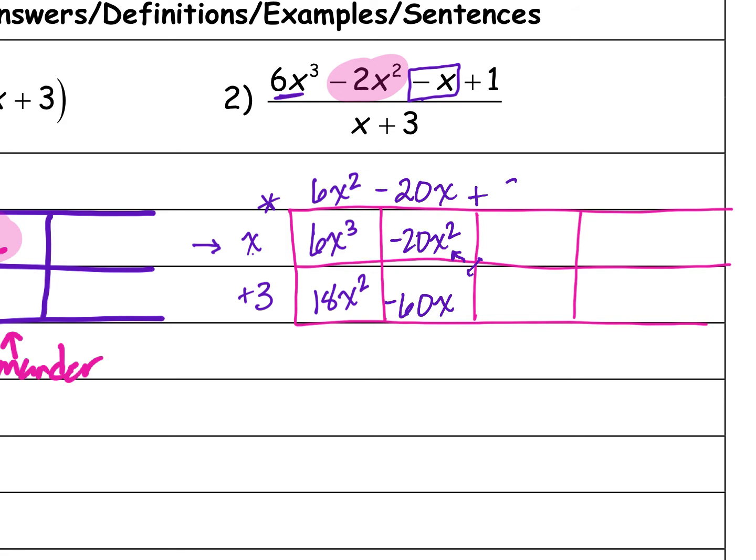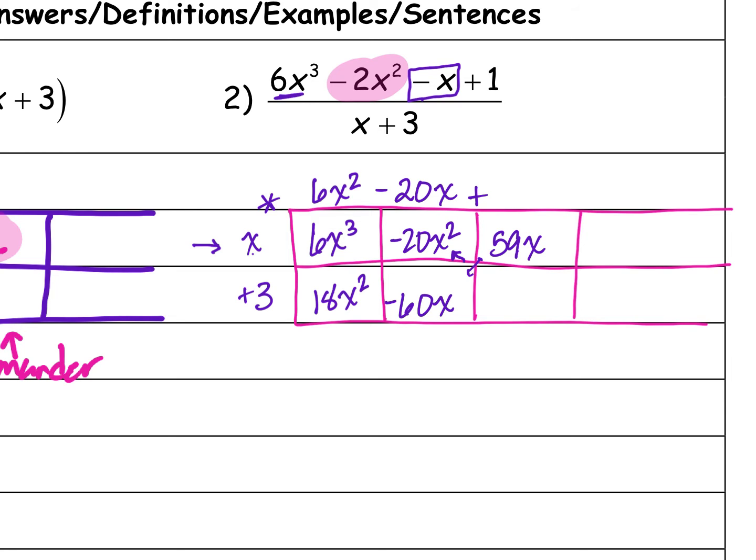So plus 50, oh, sorry, that one doesn't go there. It goes inside the square. 59x. Oh, this is going to be a horrible multiplication. I'm glad I got my calculator out.